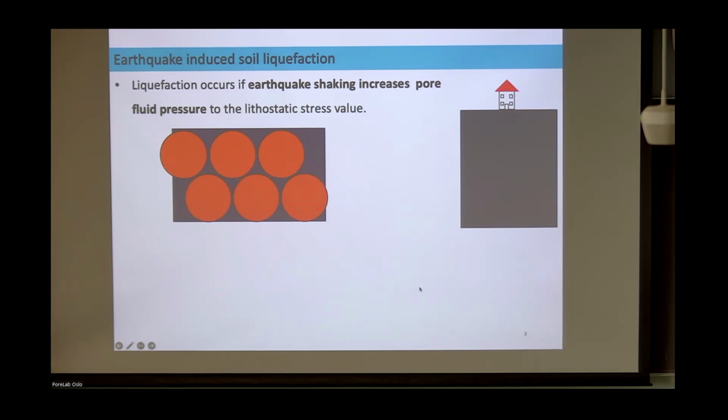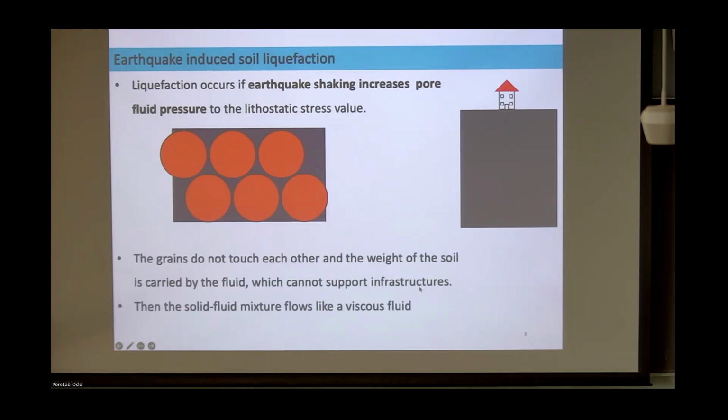So much so that the fluid pressure is enough to make the grains separate, and instead of the contacts holding the weight, now the fluid holds the weight. Because the fluid has no frictional strength, this behaves as a soup. This solid-fluid mixture starts to flow like a viscous fluid, and that's what's called liquefaction.